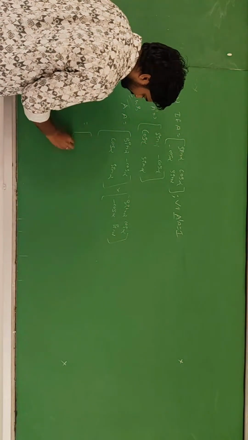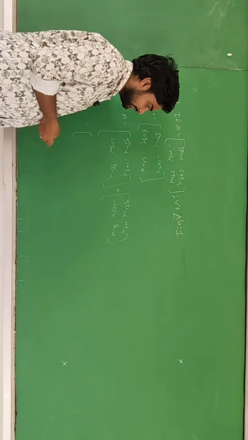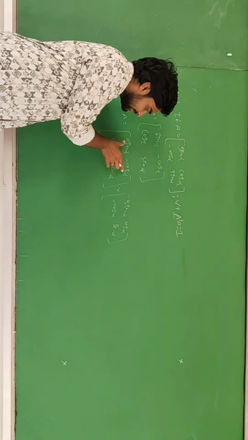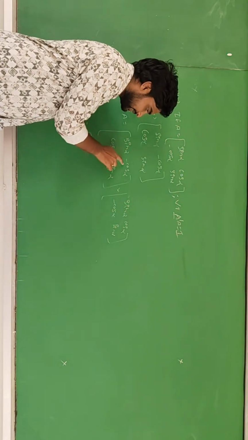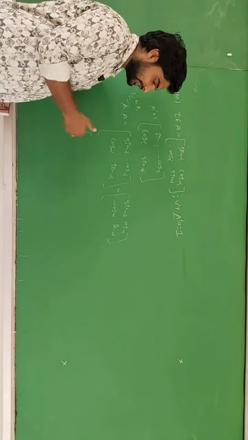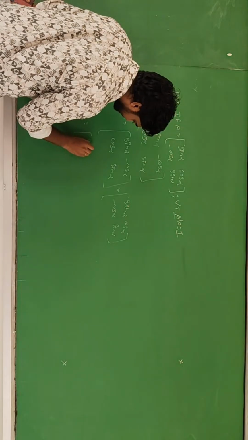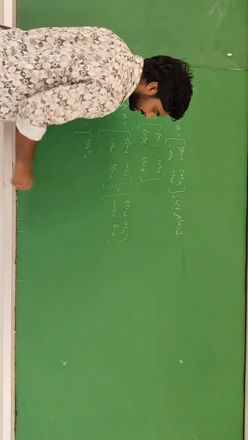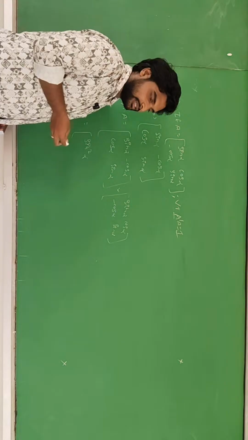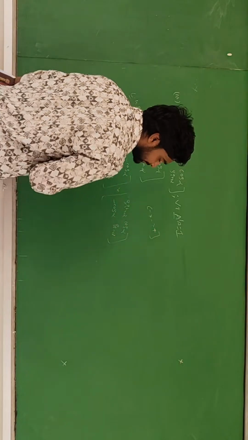In the previous problem also we found the same type of matrix. Now the operation we perform is rows into columns. The first row into the first column, and then the first row into the second column. Sin into sin alpha means sin square alpha, and minus into minus becomes plus.